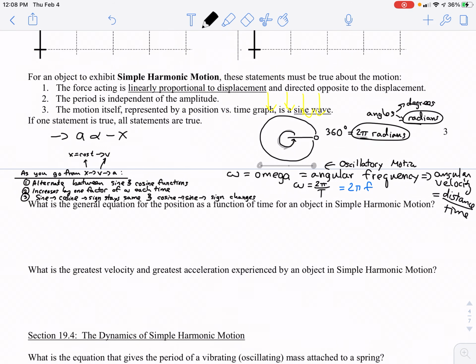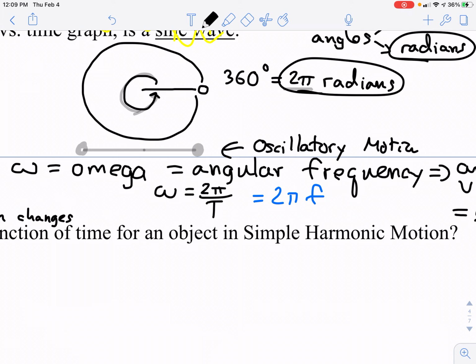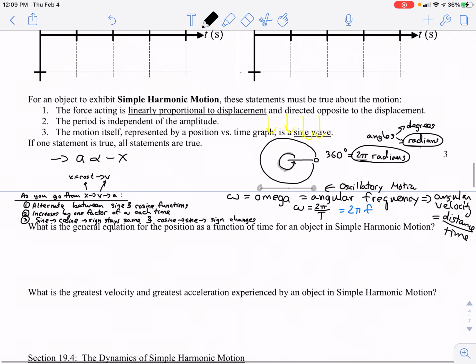We're going to be using these, okay, as we go along. It's important to note that whatever the period is, if the period stays constant in an oscillation, the frequency obviously is going to stay constant, and thus the angular frequency will remain constant. More to come next week when we review this more in detail.